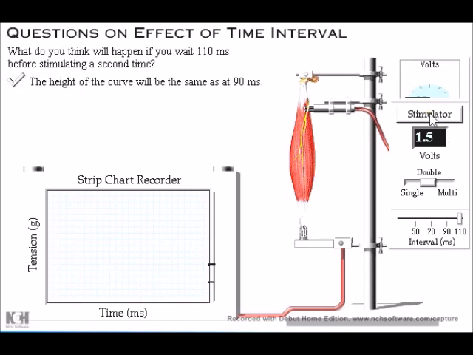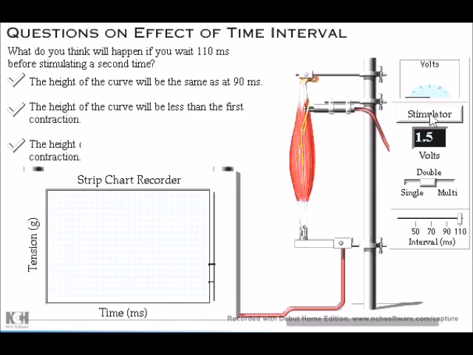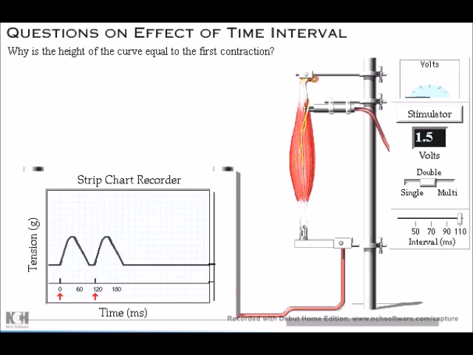The height of the curve will be the same as at 90 milliseconds. The height of the curve will be less than the first contraction. The height of the curve will be equal to the first contraction. Why is the height of the curve equal to the first contraction? Cross-bridge cycling has stopped. There is no activity to be summed.